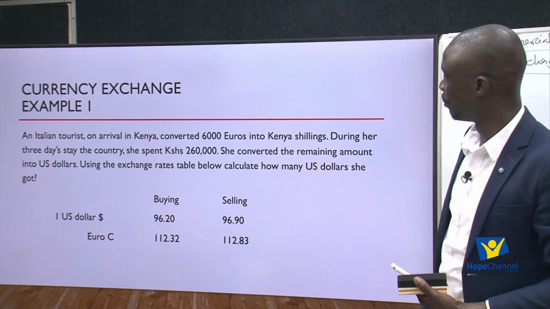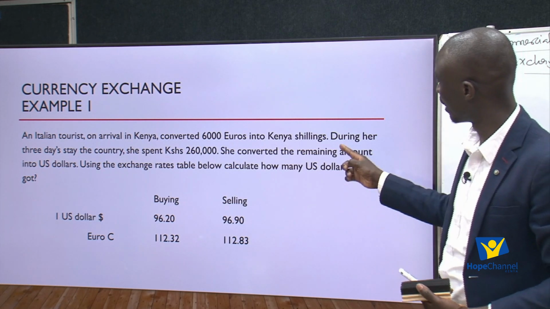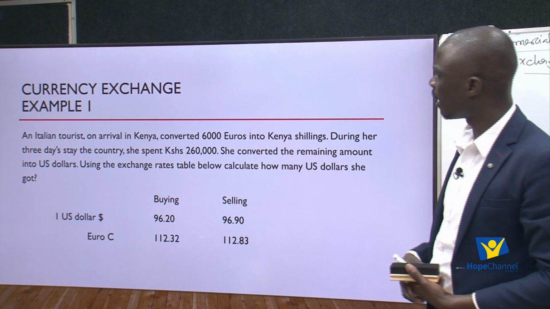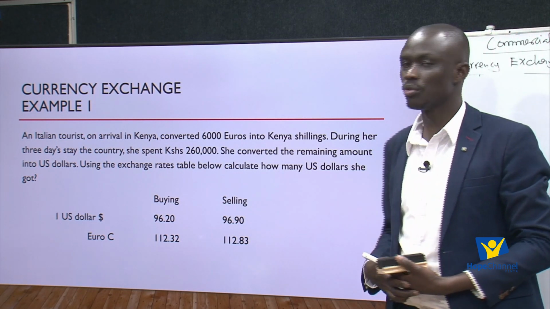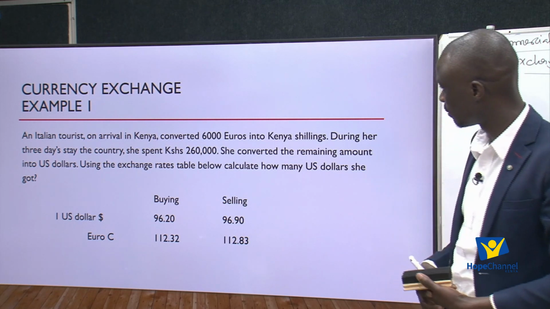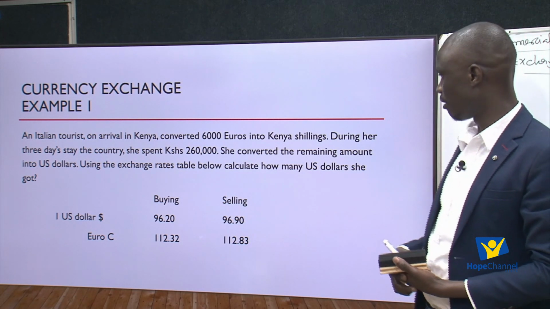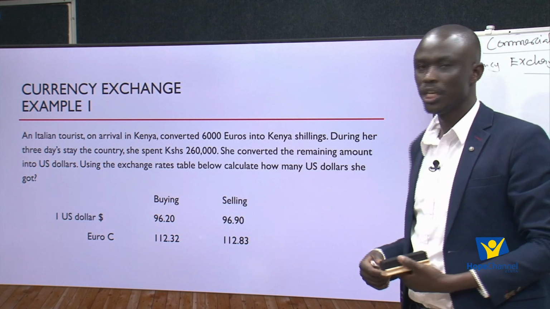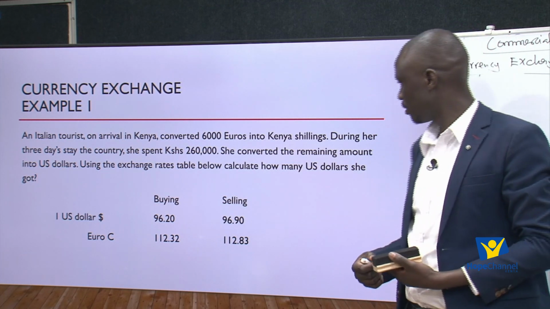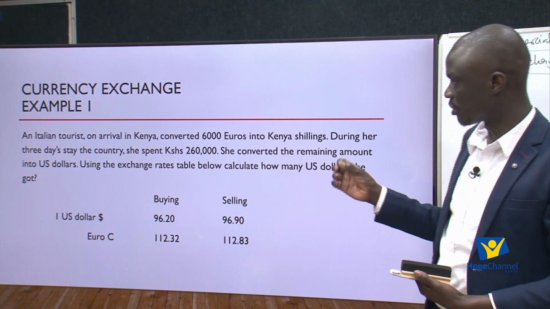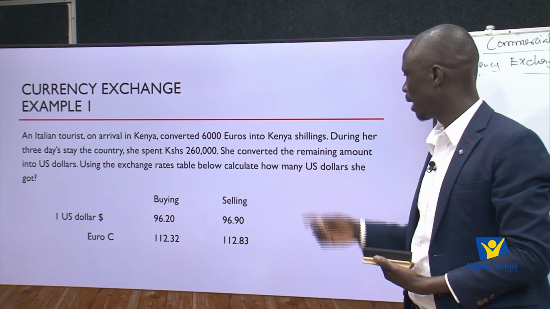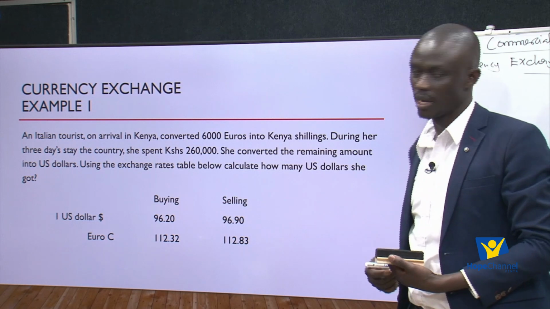So what will we do in that case? We're going to look into that. During her 3-day stay in the country, she spent 260,000. She converted the remaining amount into US dollars. So using the exchange rates below, calculate how many US dollars she got.